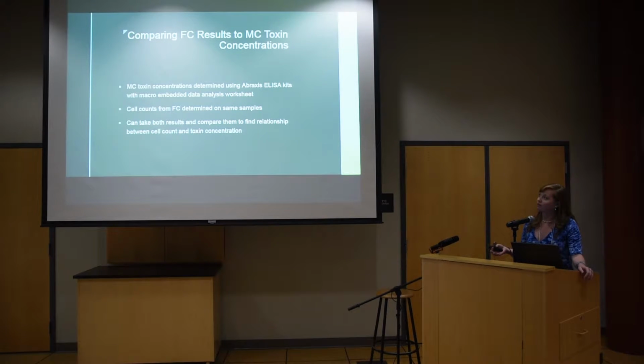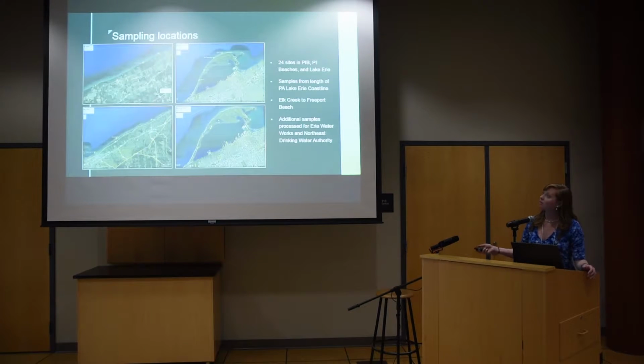And after the results were read by our microplate reader, we put them into the macro embedded data analysis worksheet, which is given to us by Abraxas themselves and helps us calculate the exact micrograms per liter of microcystins that we have in our samples. So then we can take those cell counts from the flow cytometer and compare them to the toxin concentrations that we got from the same sample on the same day.